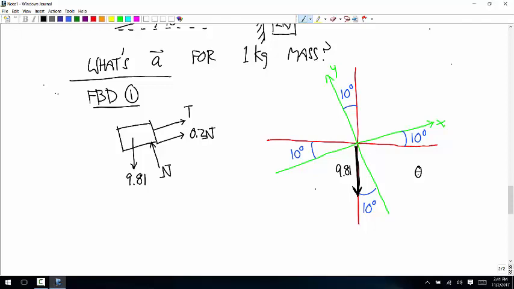So from the green x to y, that's 90. And then 90. And then to this green would be 270. But we hit the vector first, so it would be 270, backtrack 10, so the angle is 260. So theta is 260.